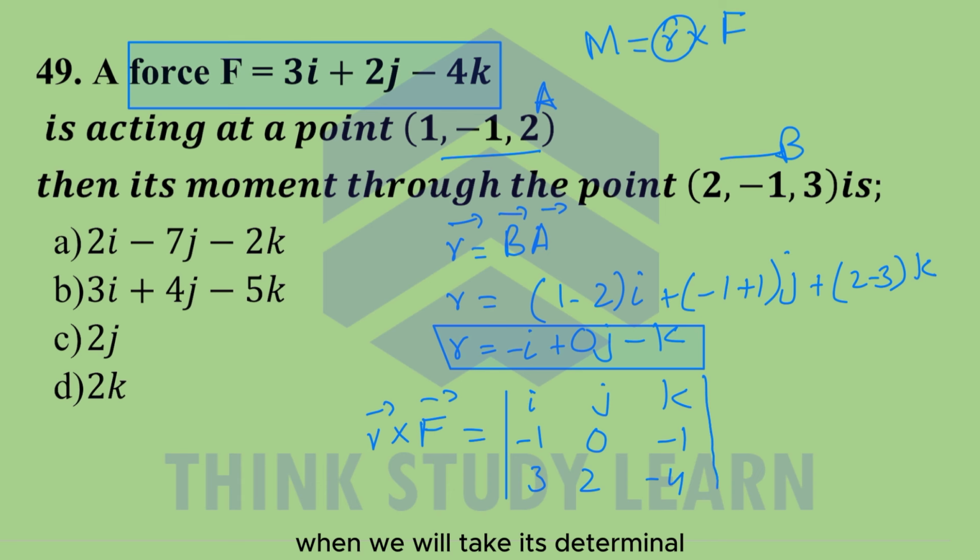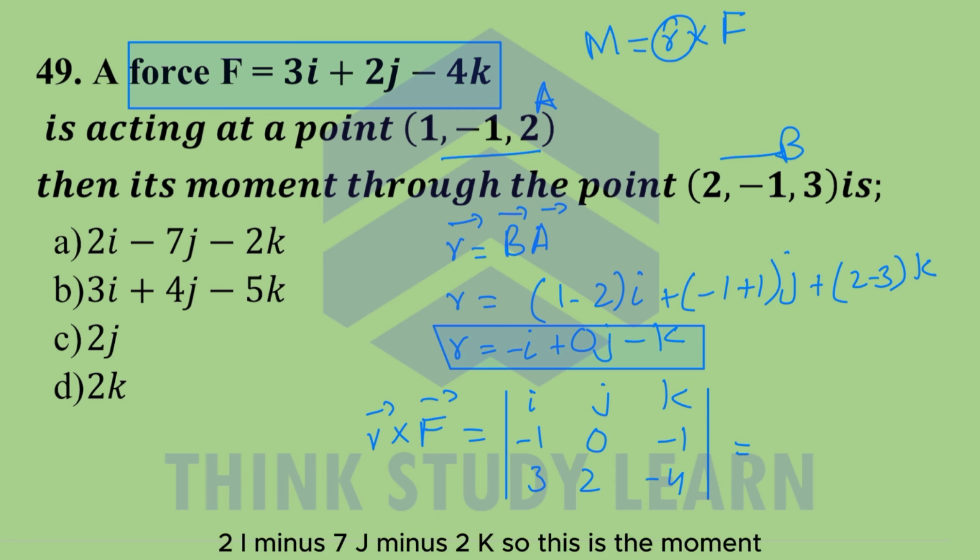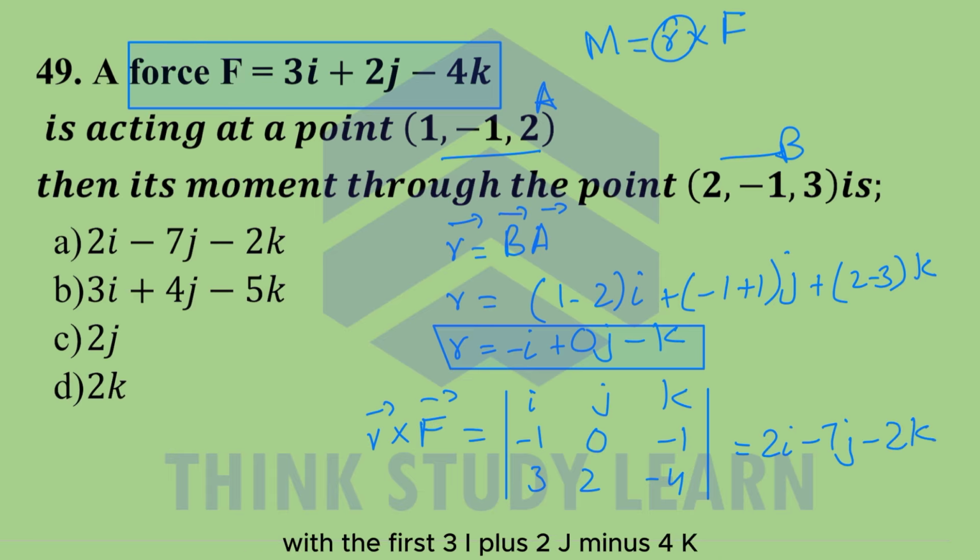When we take its determinant, the moment comes out to be equal to 2i minus 7j minus 2k. So this is the moment with the force 3i plus 2j minus 4k. Option A is the right answer.